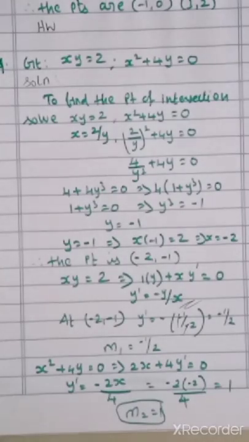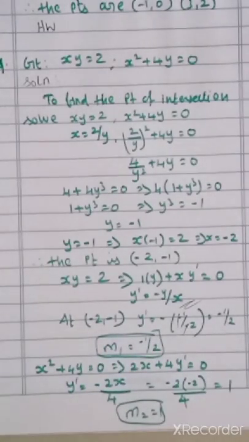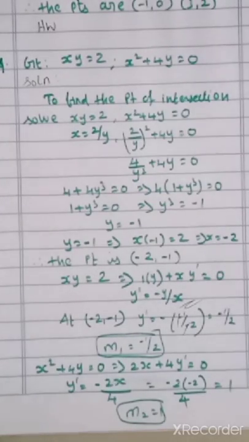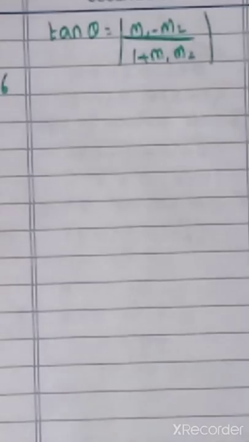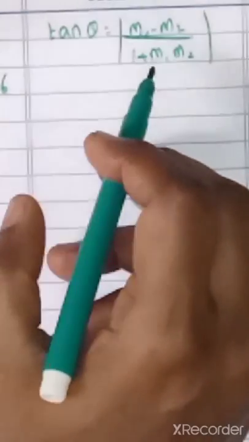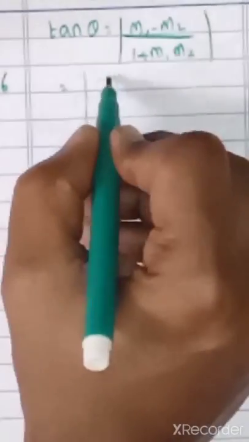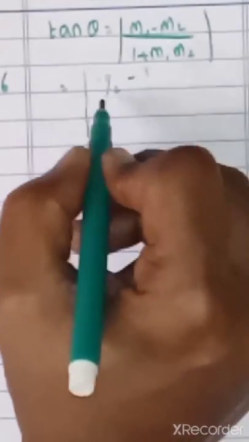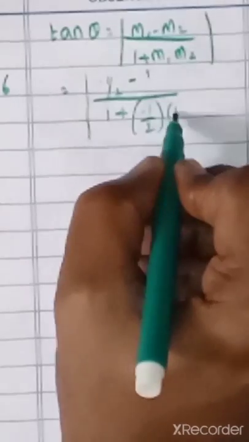So we got your m1 value and m2 value, and using this we can find out the angle between the curves. Here's your angle formula. Tan theta is equal to mod of m1 minus m2 by 1 plus m1 m2, which is equal to modulus of minus 1 by 2 minus 1 by 1 plus minus 1 by 2 into 1.